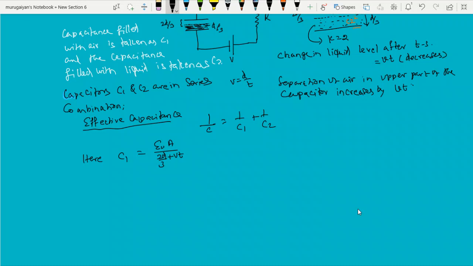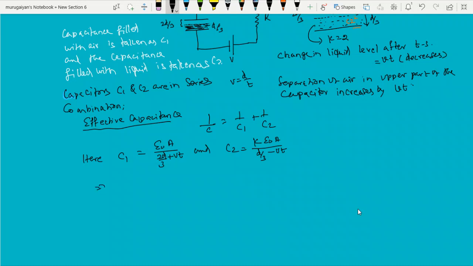So initially the 2D by 3 part of the capacitor is filled with air, this is C1, and C2 has dielectric constant K. So K epsilon naught A, with initial separation D by 3, and the final separation decreases by Vt.